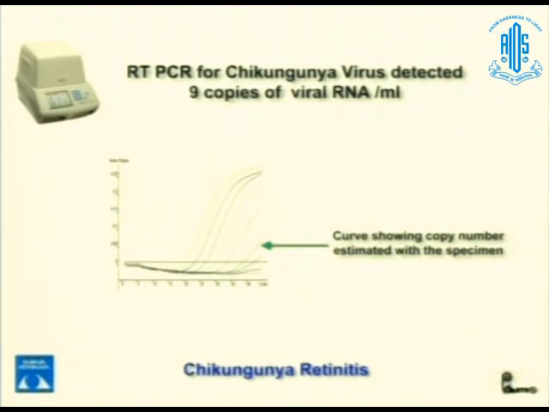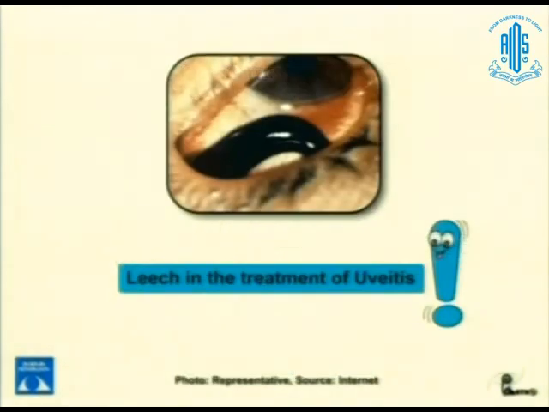The real-time PCR not only diagnosed the virus, this technique quantified the copies of viral material present per ml of the aqueous sample. So this is the utility of the real-time PCR. It quantifies the viral load in the aqueous humor also. So this was a case of acute retinal necrosis.